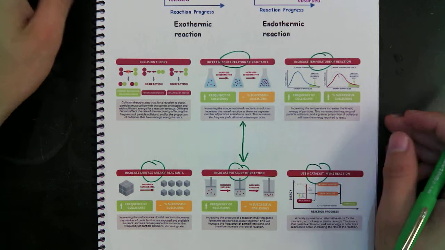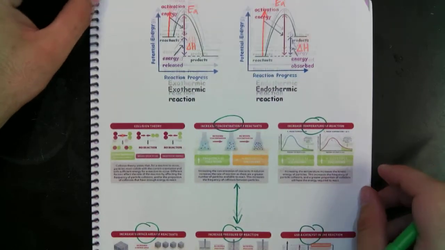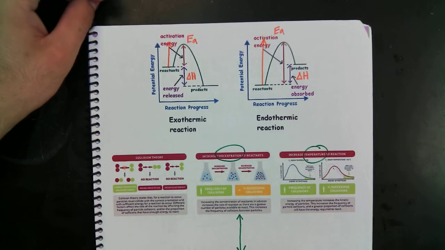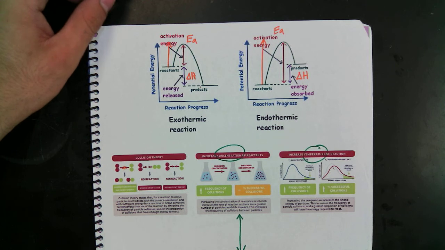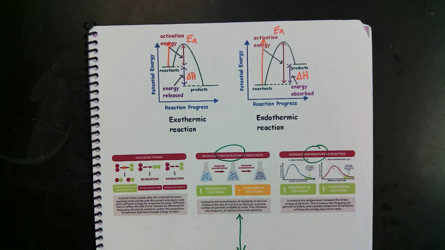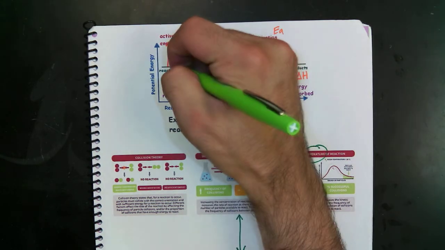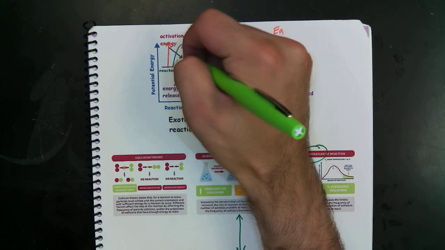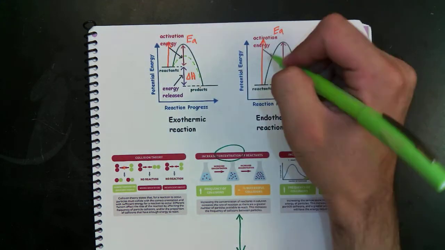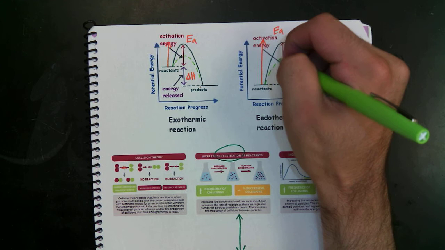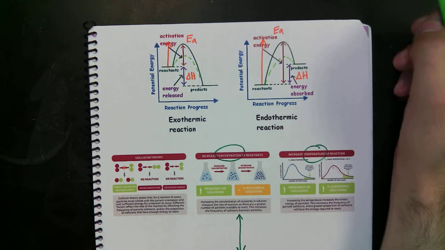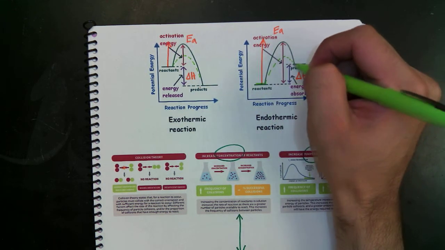The one I will go over just to show on these diagrams is how a catalyst works. We said that a catalyst, we know that it increases the rate of reaction. It does that by lowering the activation energy. So if we had to draw what a catalyst would look like, or how it would change a potential energy diagram or an energy exchange diagram, it would lower that middle section. It doesn't change where the reactants are starting or the products, right?